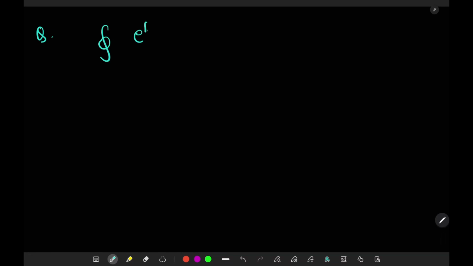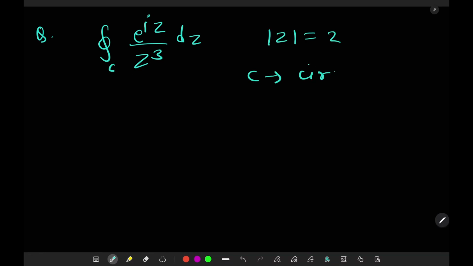Let's do another question. |z| equals 2, and here C is a circle. As you can see here, z0 is equal to 0.